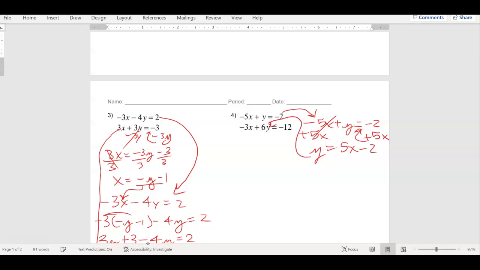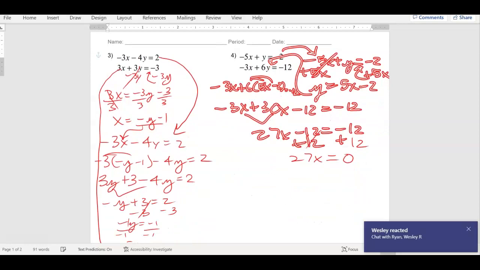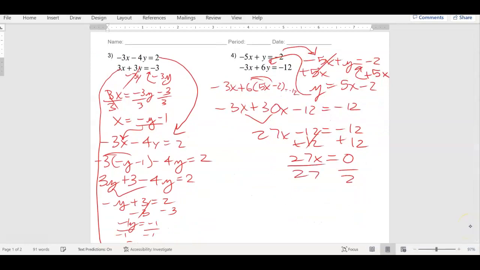Plug that in right there. So we're going to end up getting 0 divided by anything is 0.